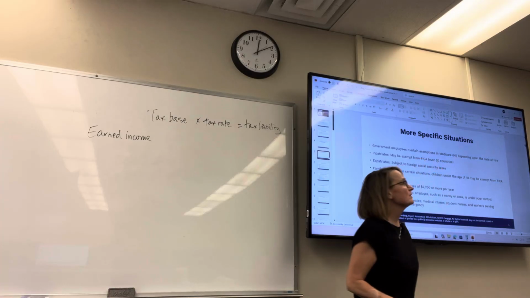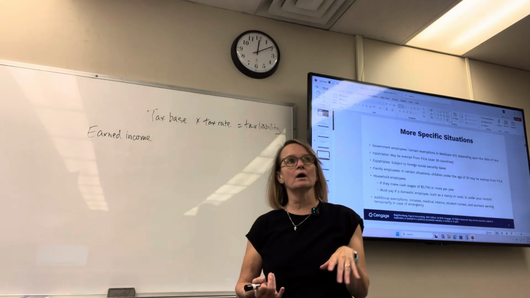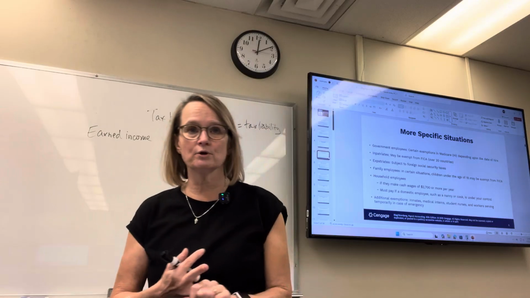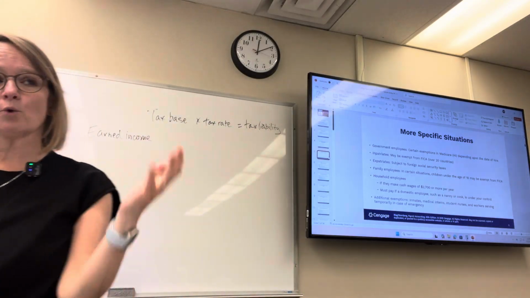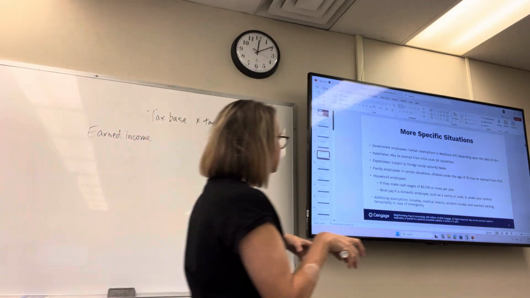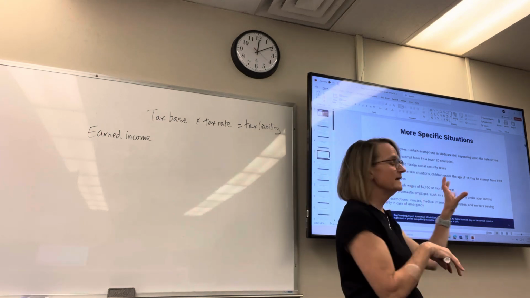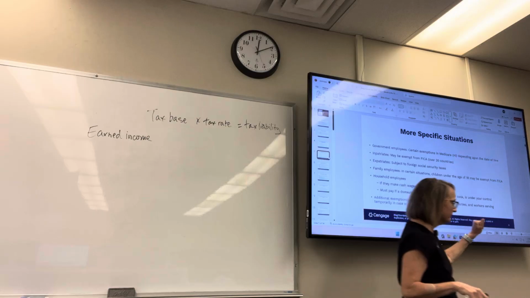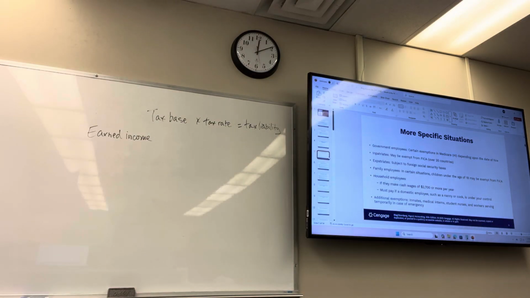Impatriates. These are individuals who are not American citizens or permanent residents of the U.S., but they're working in the U.S. They may be exempt from, here's that FICA term, I'm going to go through what that means in just a moment. FICA, you can kind of think of that as Social Security and Medicare.